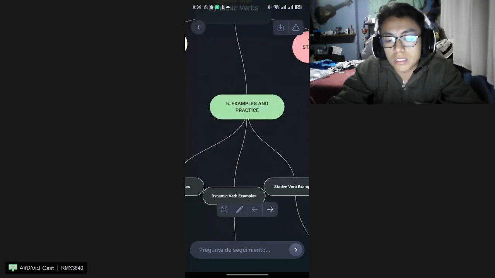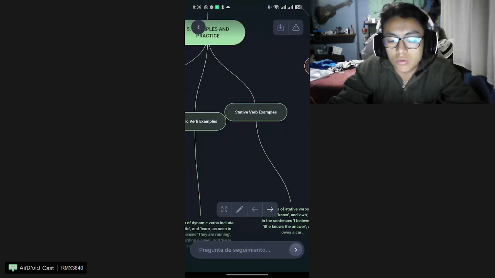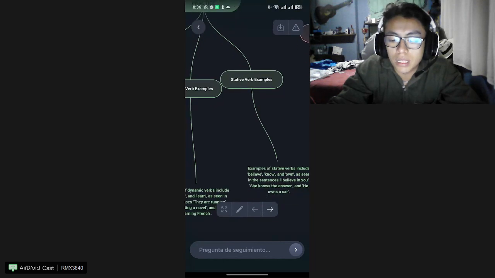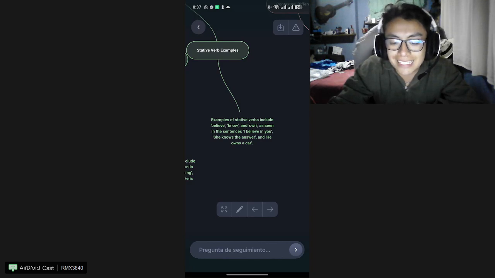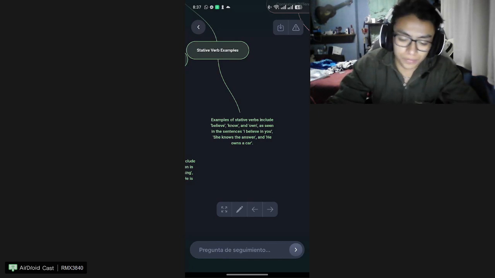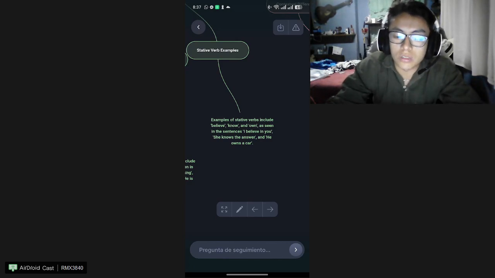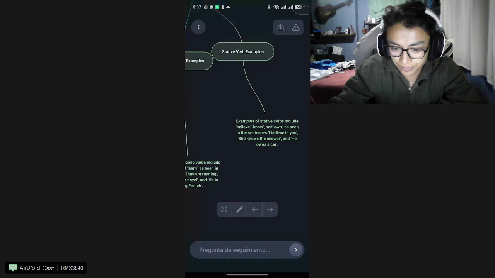Examples and practice. Stative verb examples include believe, know, and own, as seen in the sentences, I believe in you, she knows the answer, and he owns a car.